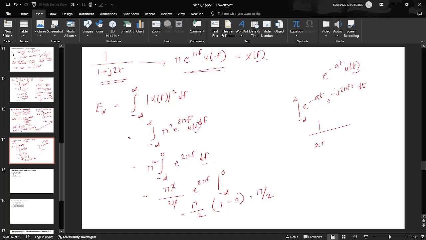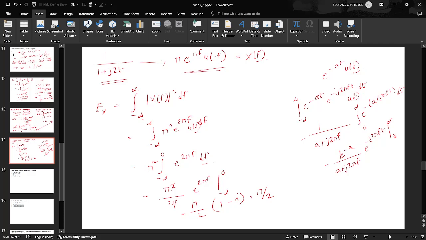So we'll have 1 over a plus j 2 pi f minus, of course, e to the power minus a plus j 2 pi f t dt, 0 to infinity, a plus j 2 pi f, e to the power minus a outside over j 2 pi f t, 0 to infinity.